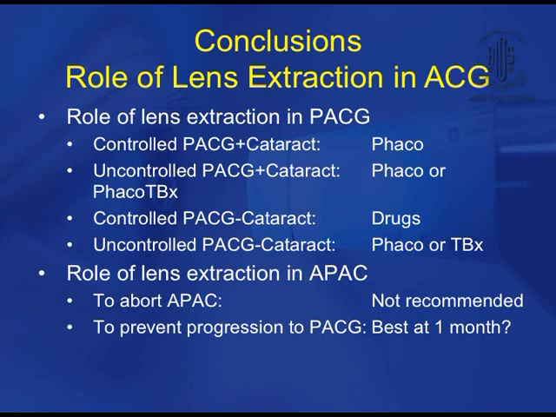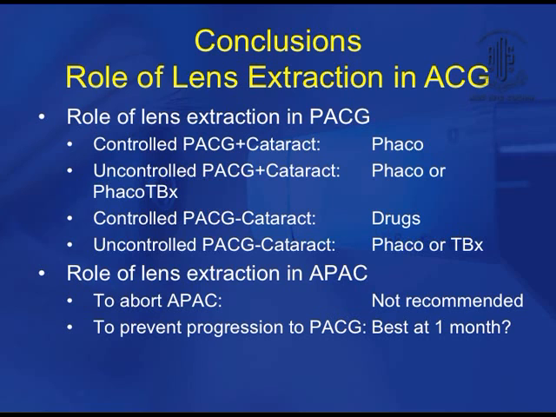If it is medically controlled PACG with cataract, then I would consider continuing the drugs. If it is uncontrolled PACG without cataract, then I will be doing either clear lens extraction or trabeculectomy depending on patient factors.